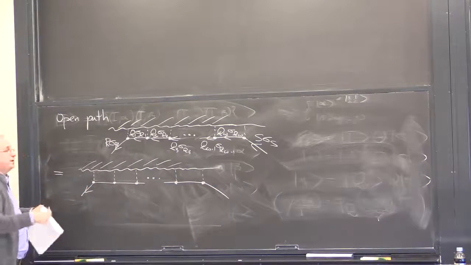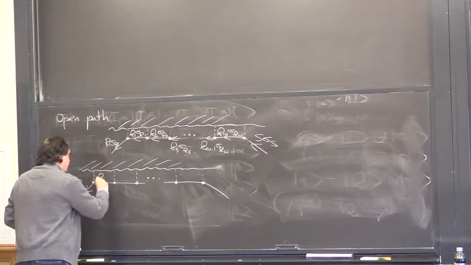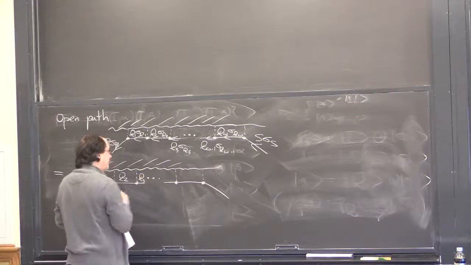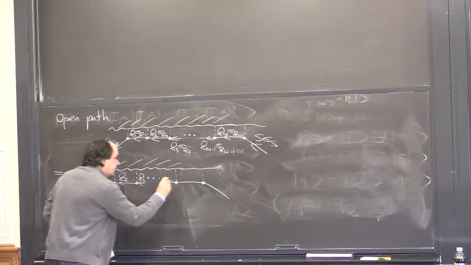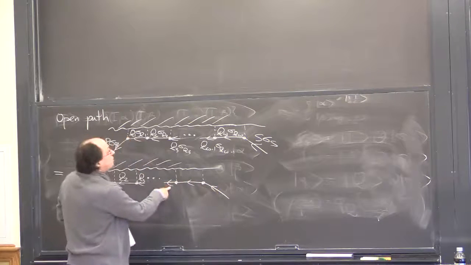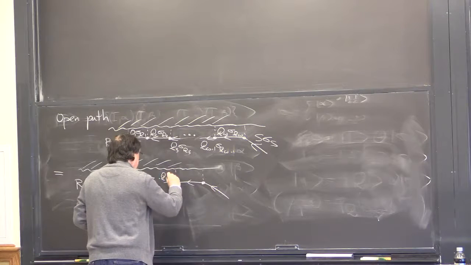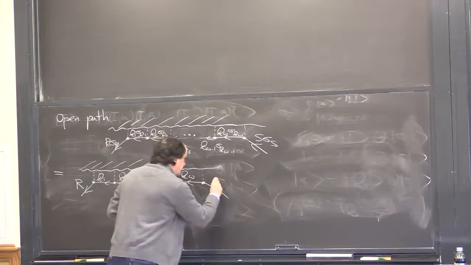Where I'm now dropping the spins, so R here, Q1 here, Q2 here, Q3 here, Q omega minus 1 here, Q omega here, and then S here.